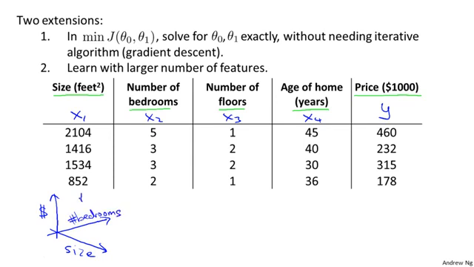But this is just plotting my first 2 features, size and number of bedrooms, and when we have these additional features, I just don't know how to plot all of these data, because I need a 4-dimensional or a 5-dimensional figure. I don't really know how to plot something more than a 3-dimensional figure, like what I have over here.